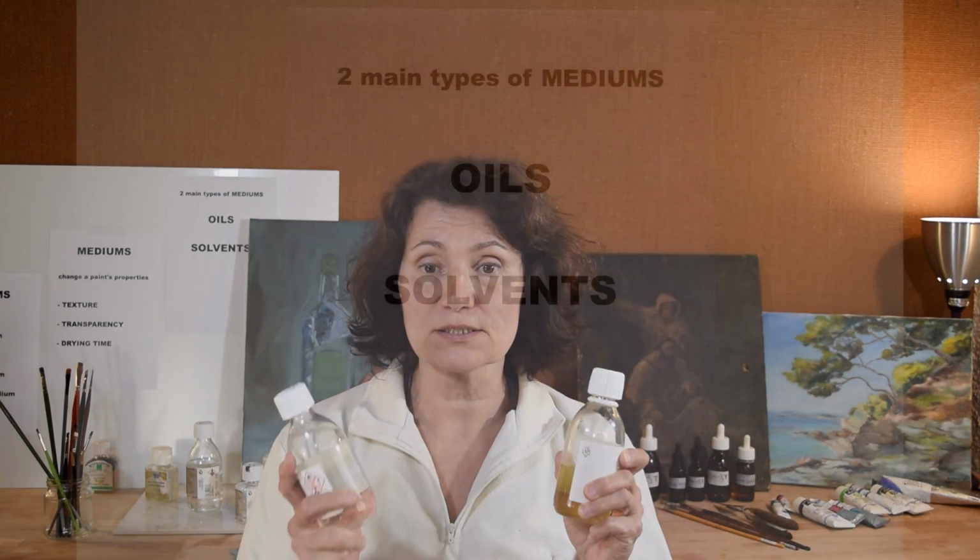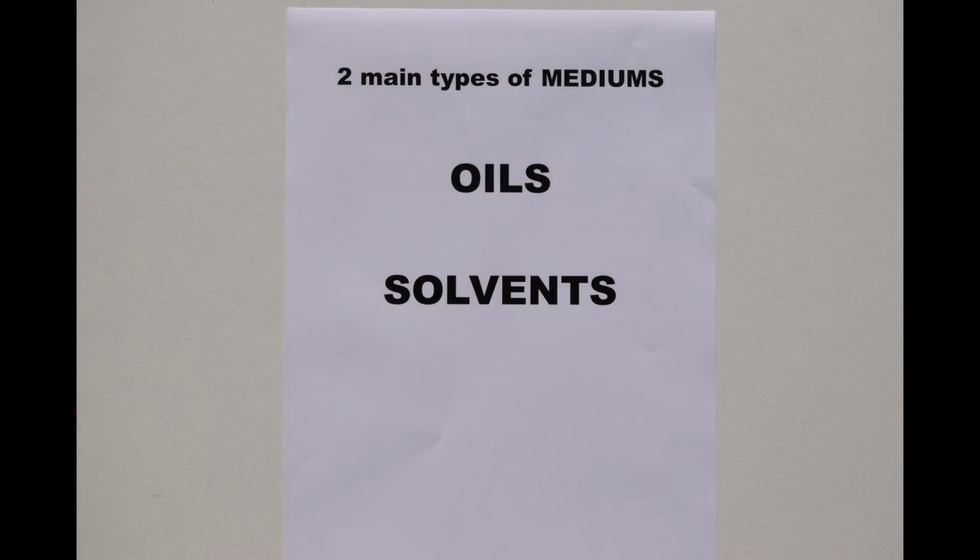I don't want an overload of info, so to simplify things, I will say there are two main ingredients in mediums. There are oils and there are solvents. It's good to remember that oil is the main ingredient in oil painting, and there are different types of oils you can use. You can use oils like walnut oil, safflower, poppy oil, or lavender oil.